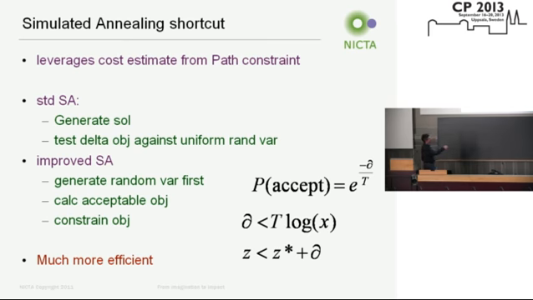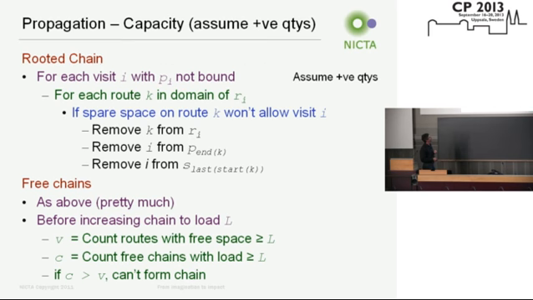And so now I can stick this constraint of limiting the objective value into my constraint program before I even start. So that now, as I'm regenerating my solution, if I'm generating a truly horrible solution and I can tell that I will never accept it, I can abort early, which makes it much more efficient.